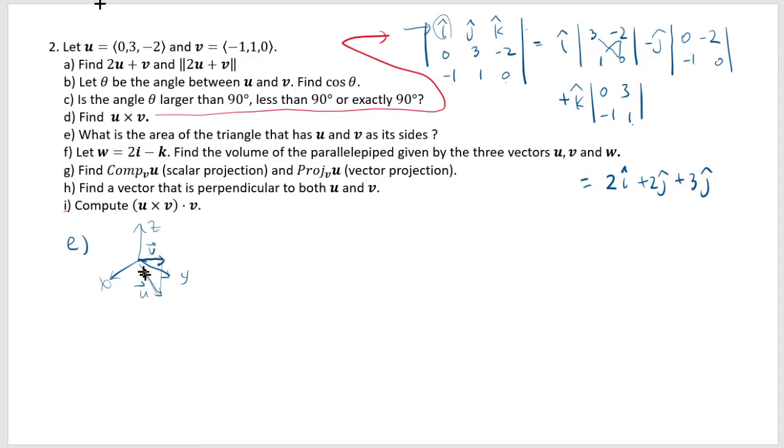And there's this triangle, right? So how do you get this triangle? Well, this triangle's area would be half the area of the parallelogram.